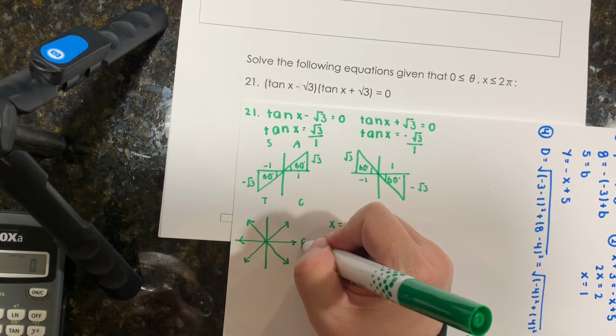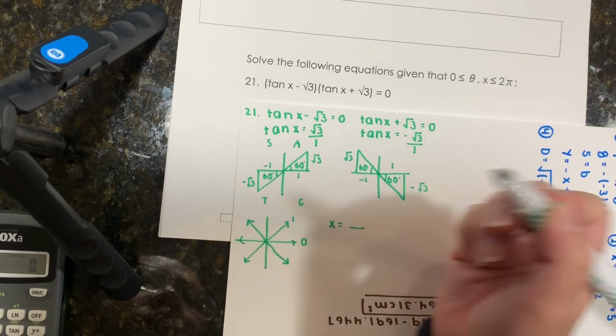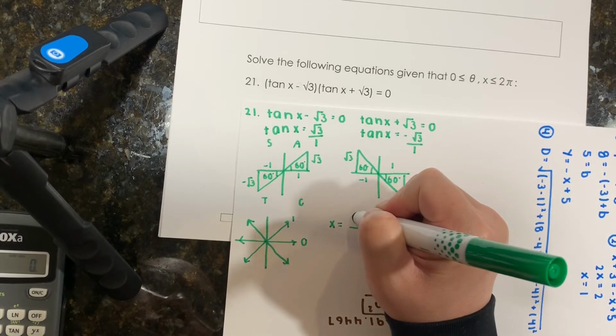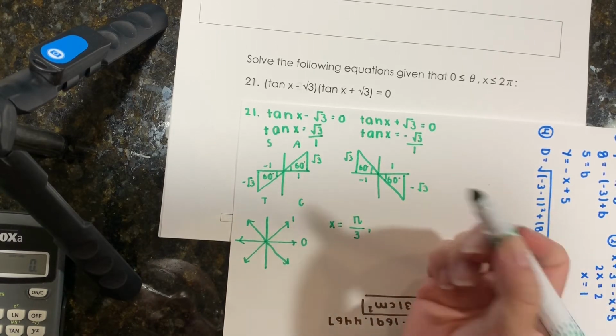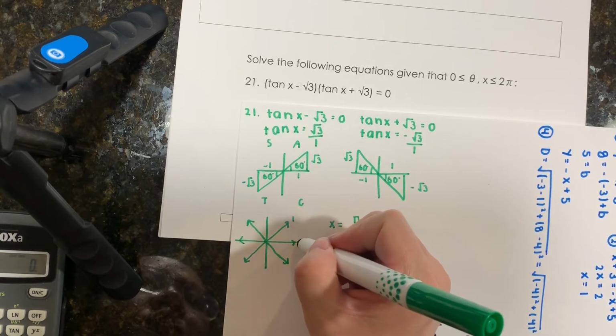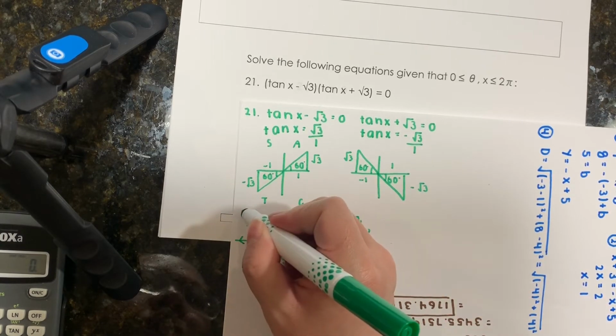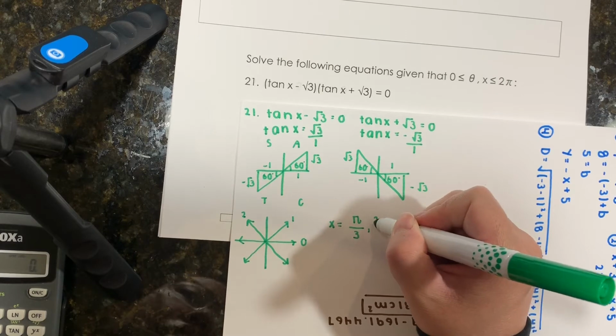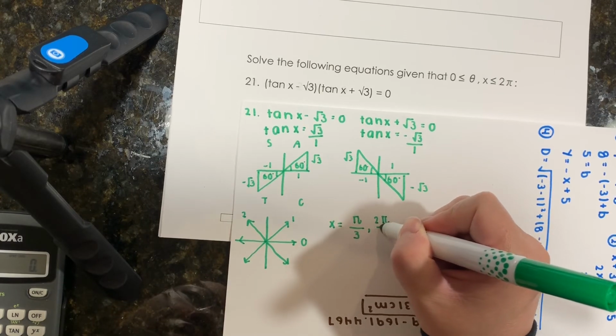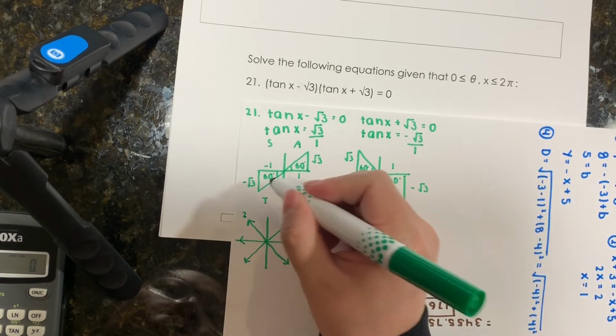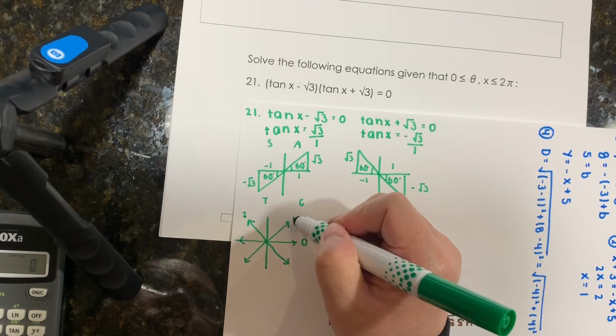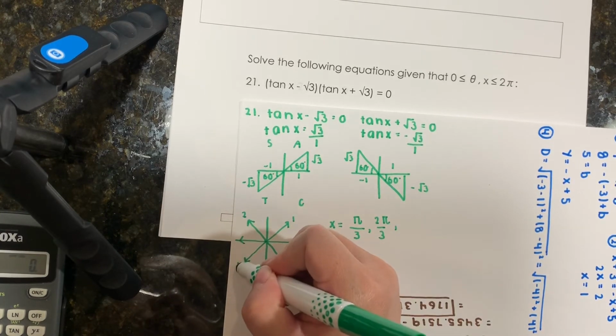So for this first one, when I count, the first one would be 1 pi over 3. So I'll just do pi over 3. The triangle in quadrant 2, I would count 0, 1, 2. So that would be 2 pi over 3. For my triangle in quadrant 3, I count again 0, 1, 2, 3, 4.